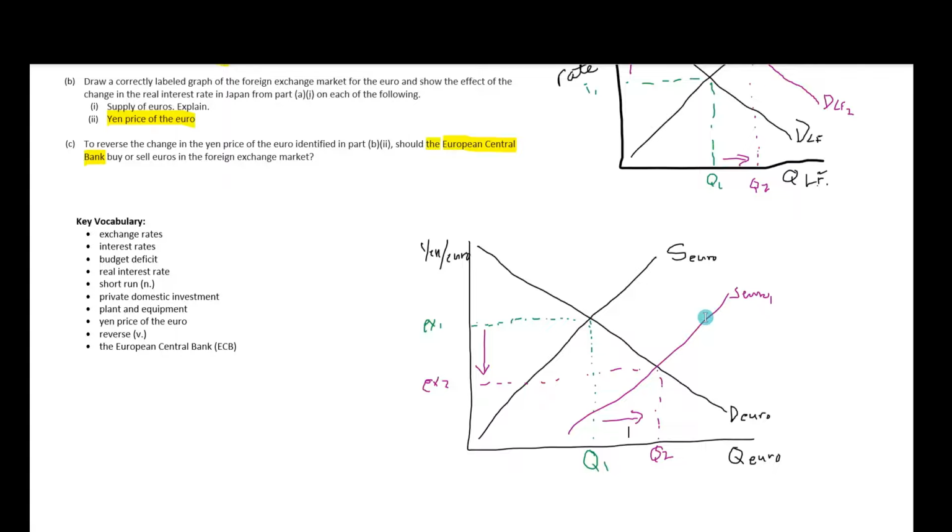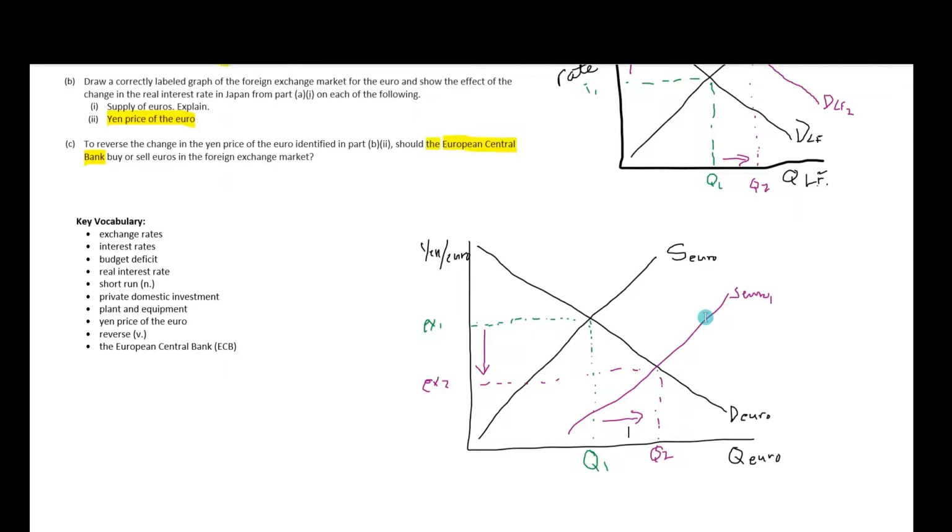Now, if we're going to take this question any further, which is not required, you might see additional questions related to the effect of these changes on imports and exports, which are, remember, part of aggregate demand. So if we look at part B, we see the value of the euro depreciating.